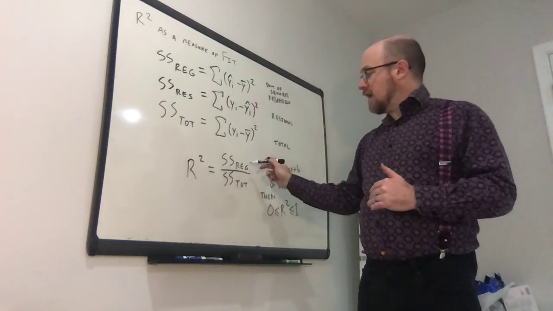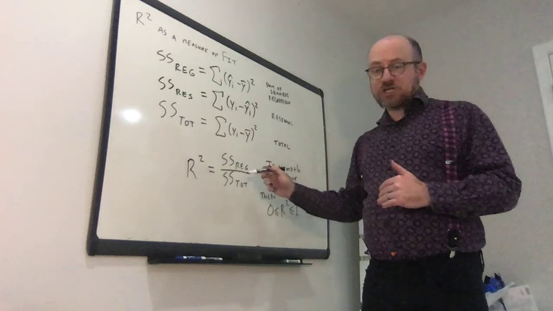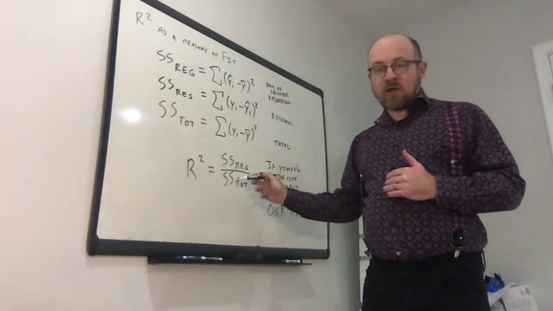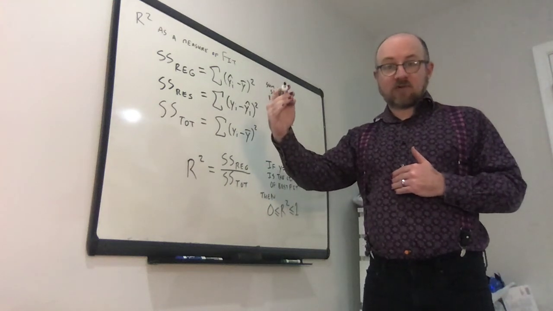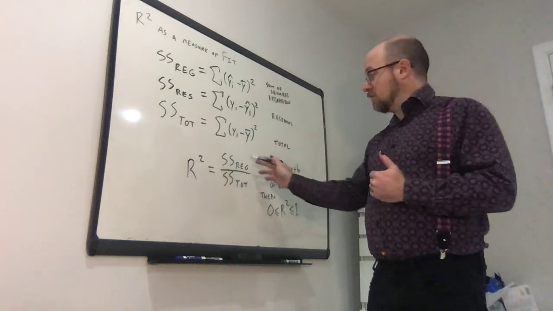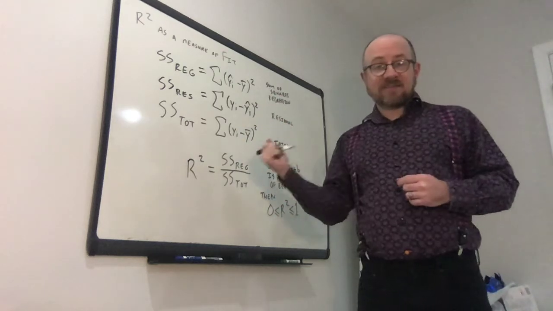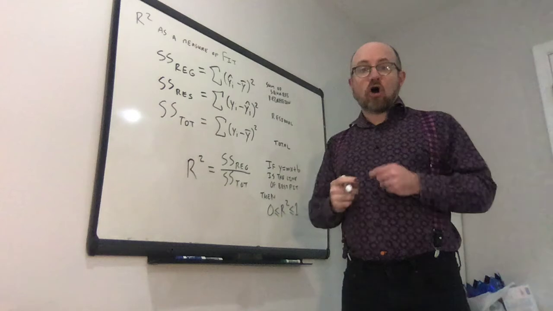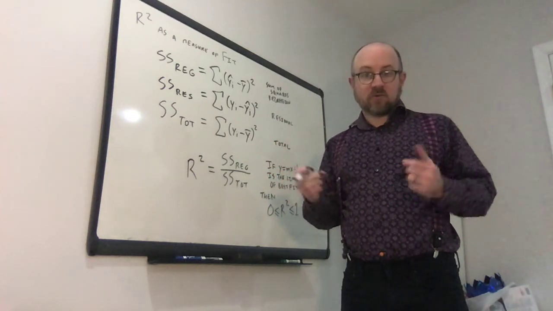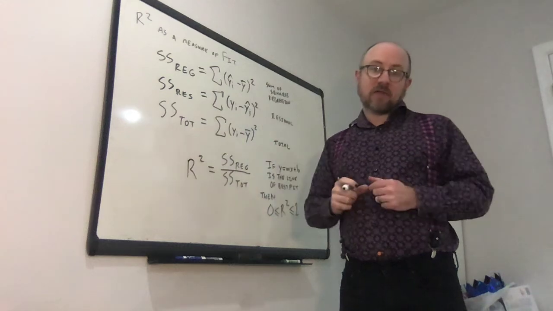And so if this ratio is large, if it's close to 1, that means almost all of the total distance from the mean is described by the regression line. And so that means the regression line fits really well. So if this is exactly 1, it means all of the distance from the mean is described by the regression line. And so the data fits exactly on the line.